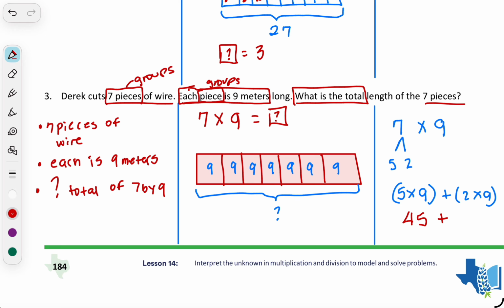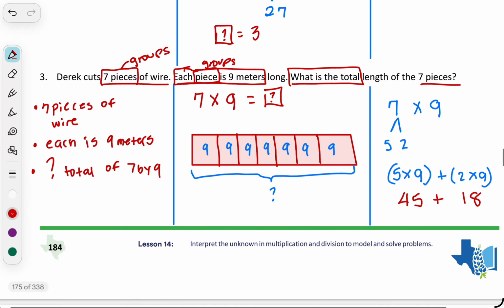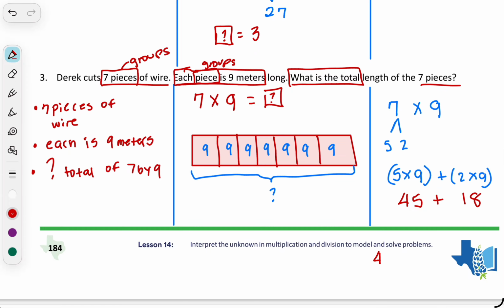And I know that 2 times 9 is 18. So now I'm going to have to set this up, and I'm not really someone that likes to add horizontally. So in this case, I'm going to add vertically. Okay, so I'll do it right down here, 45 plus 18.